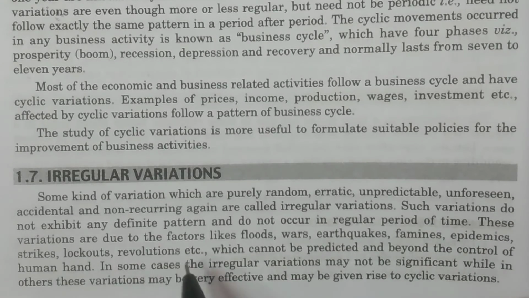These variations are due to factors like floods. For example, if some particular floods took place, then obviously prices will increase. This usually happens with wars, earthquakes, famines, epidemics, strikes, lockouts.